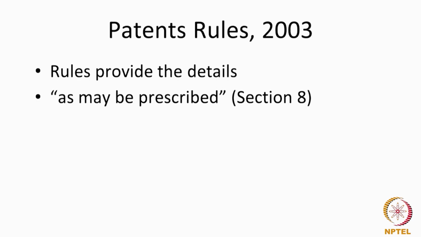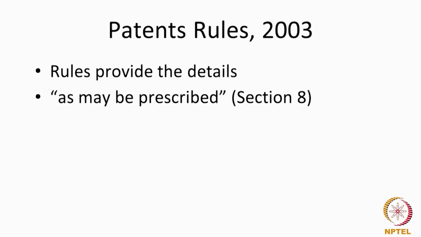So, the rules are designed to fill in these gaps which may be required as times change. For instance, you can look at the fees in the first schedule. The fees will constantly change as inflation soars or as the economy grows.